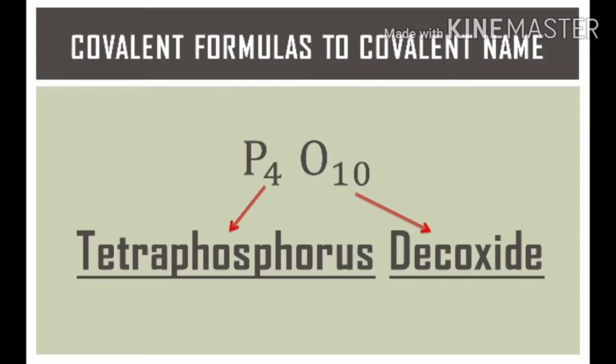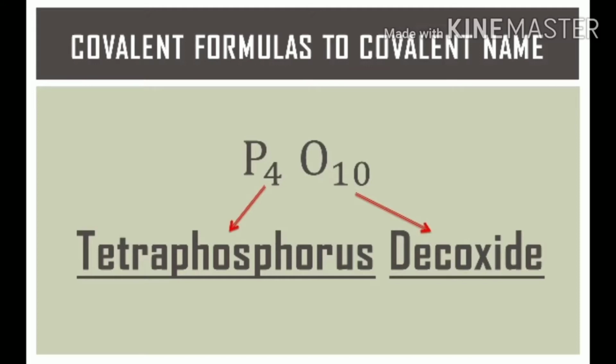But why is it decoxide and not decaoxygen? It is because for the second element we're always going to be using the ide ending. So for the second element, we're going to be changing the last letters of the element's name.